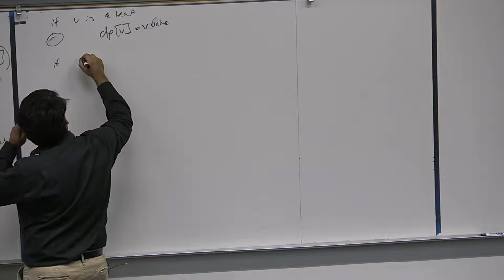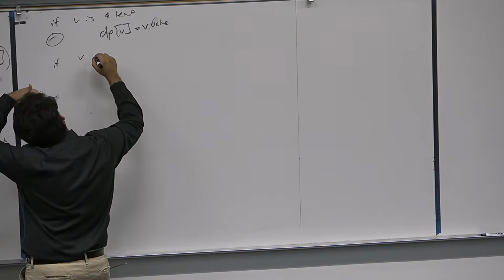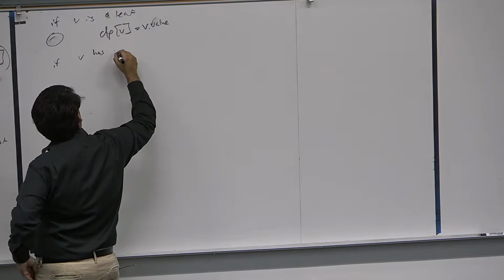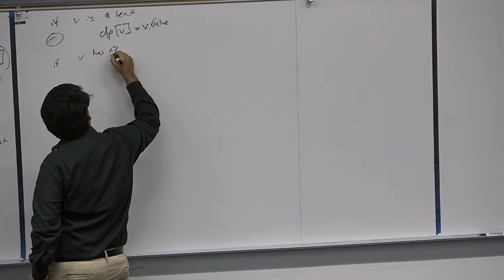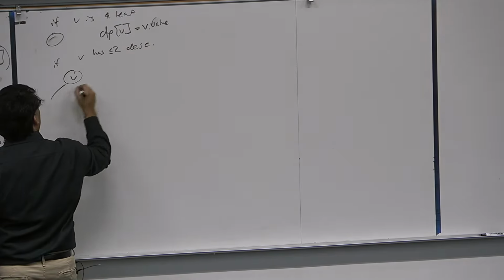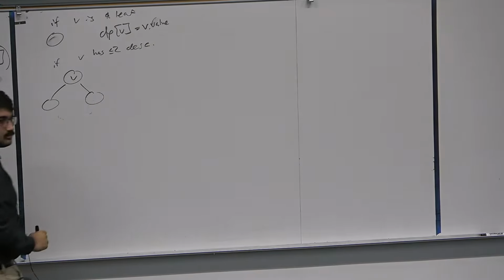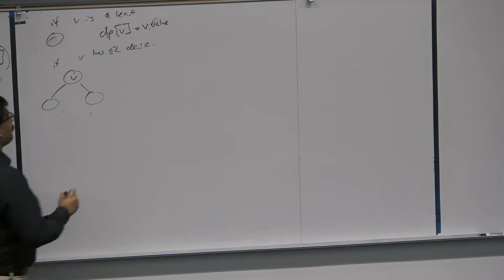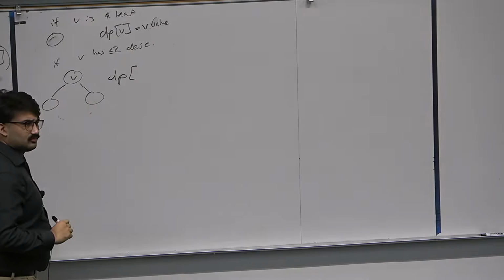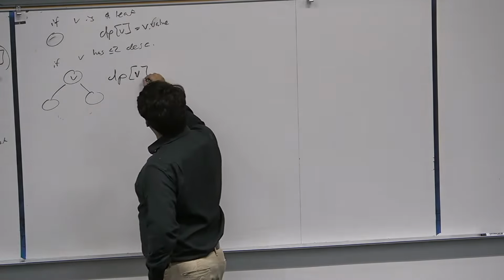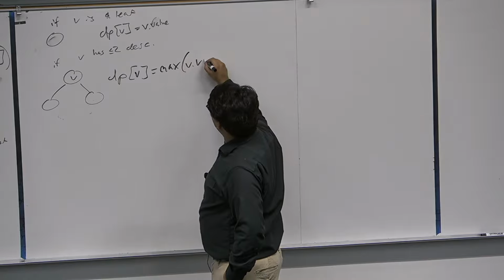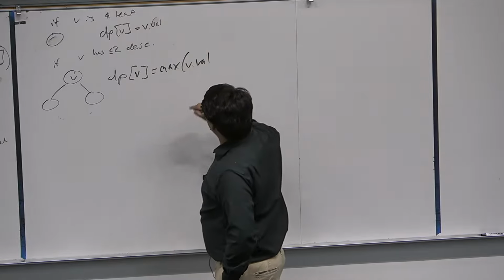If V has 2 descendants, so for example, like that, what should DP of V be? Not quite. The max of the 2 descendants, or just the value of V. I'm going to say val because I'm lazy, okay?